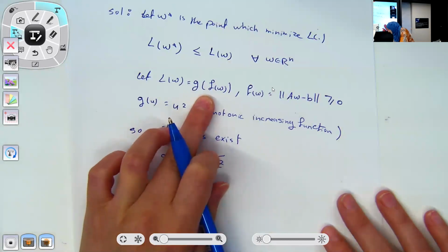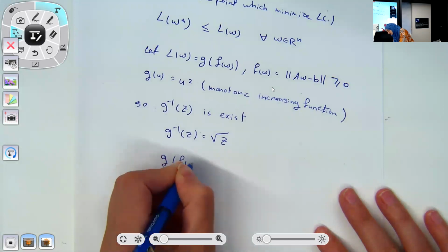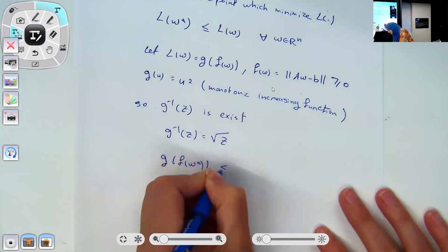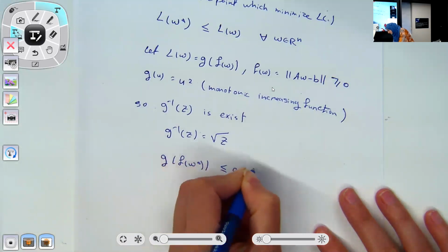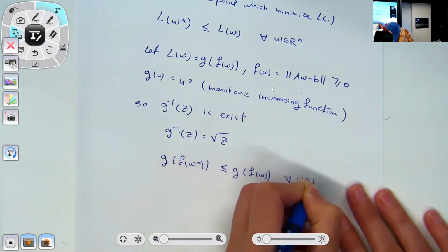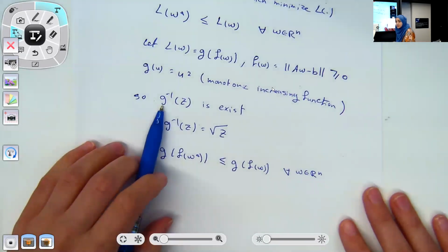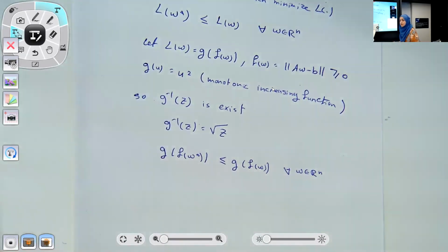So we can write it as G of f of omega star less than or equal to G of f of omega for all omega belonging to Rn. We said that this function G is a monotonic, increasing function. Let's try to multiply both sides by G inverse.